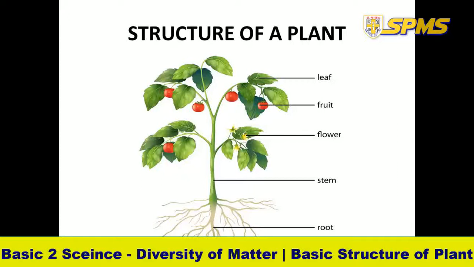Move up a little bit. What can you see? A leaf or the leaves. Those are the green parts of the plant. You move up a little bit. You see the flower. Remember I told you that the flower is the part in which the fruits develop.